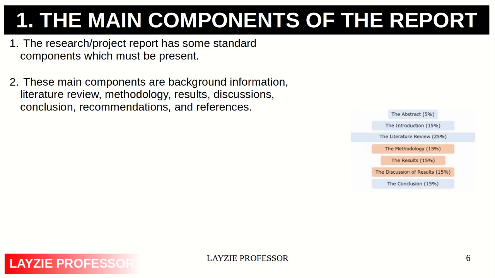Then the results would talk about your results, and discussions would talk about the kind of results that you have, the analysis of your results, and what meaning or what knowledge can come out of your results. Then the conclusion is going to summarize the whole work that you've done.